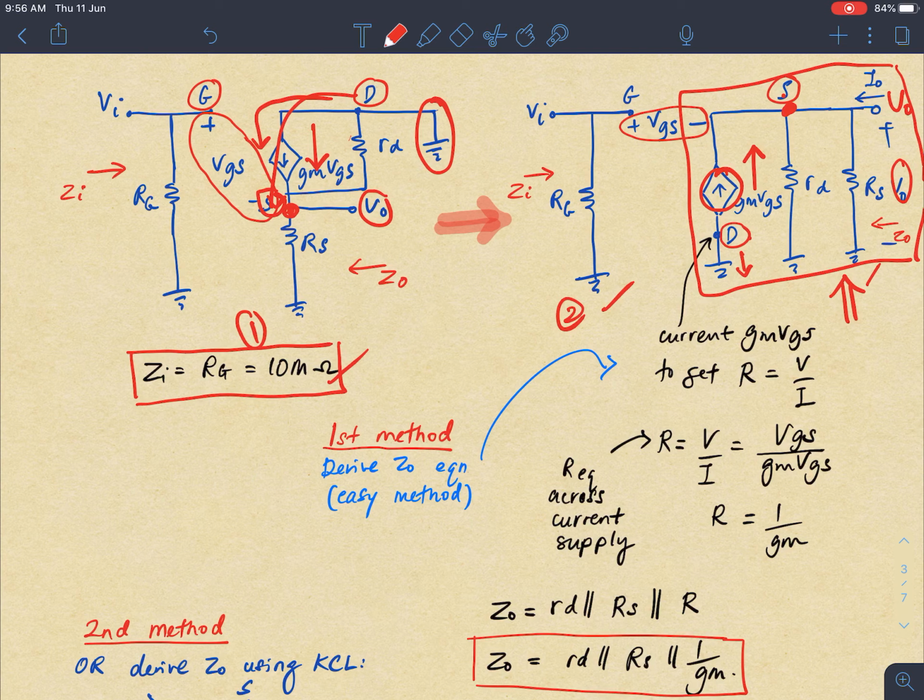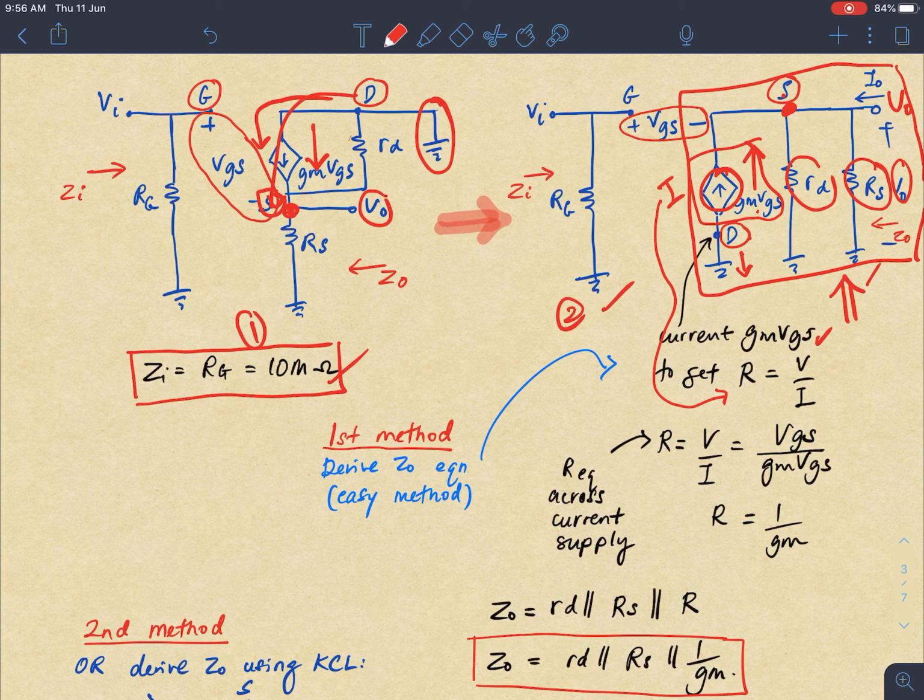At this part we actually have gm-vgs as the current, and here we can see that the RS is now parallel with RD. Only this gm-vgs is a current, so we change this current into R. How are we going to do it?